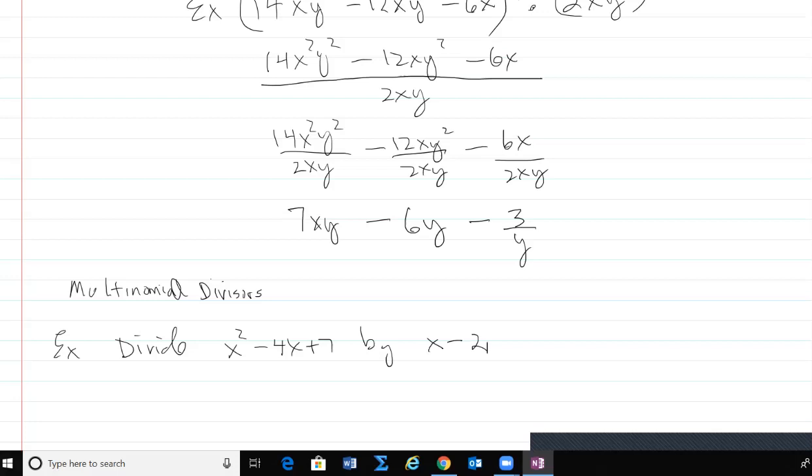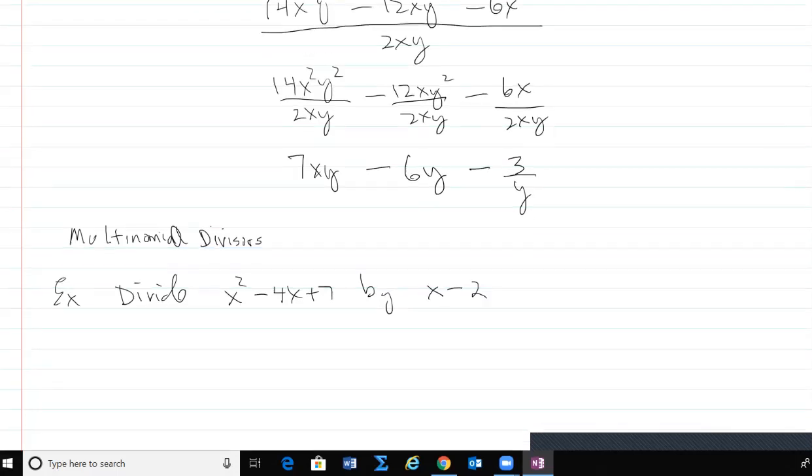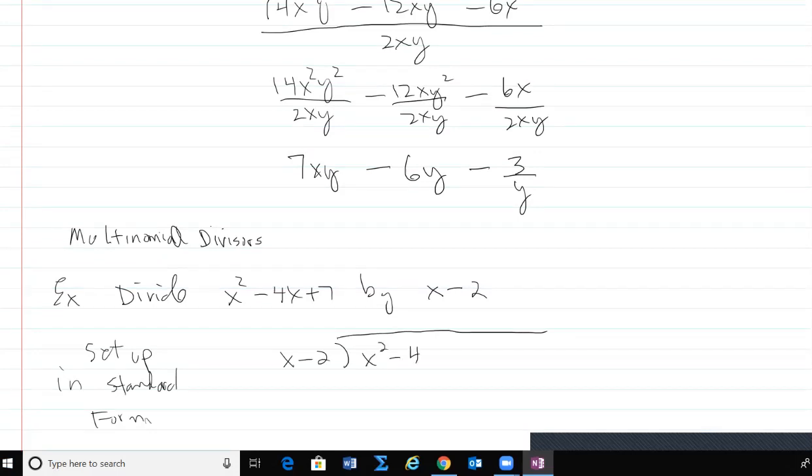Okay, so here's how we do it, our setup. Set it up like this. Set up in standard form. So what we mean by that is, let's take the divisor, and then we take our dividend here, and set it up like this.